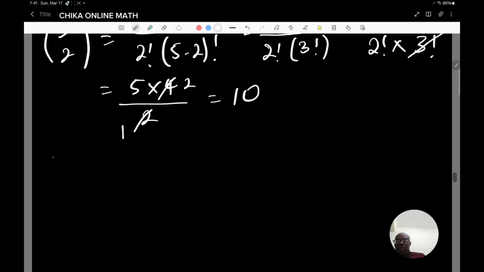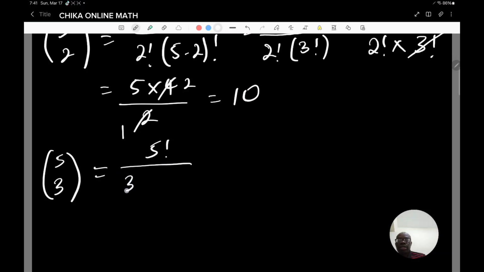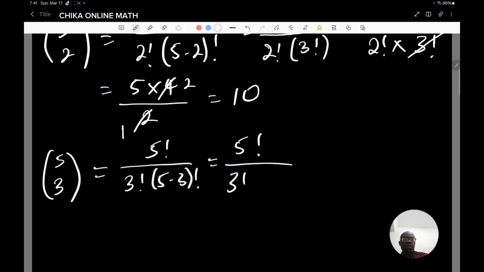So let's evaluate 5 combination 3. 5 combination 3 is nothing but what? 5 factorial all over 3 factorial times (5 minus 3) factorial, okay? Which is what? 5 factorial all over 3 factorial. And what is 5 minus 3? 2 factorial, okay?